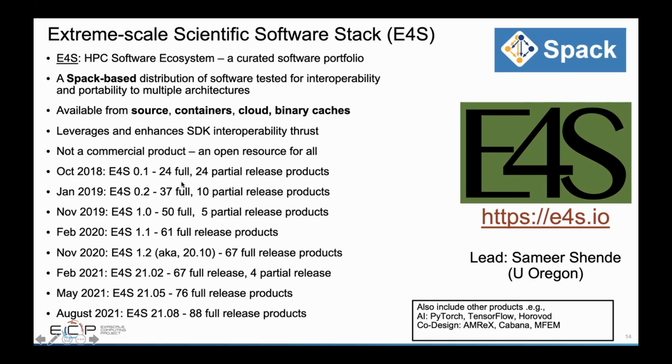Now we are at 88 full release products, and it's a lot of work to get all these packages working coherently, so that if there is an MPI library such as MPICH that they all target, then it's the same consistent MPICH library that's used across the different products, the same set of compilers, and the operating system is important.